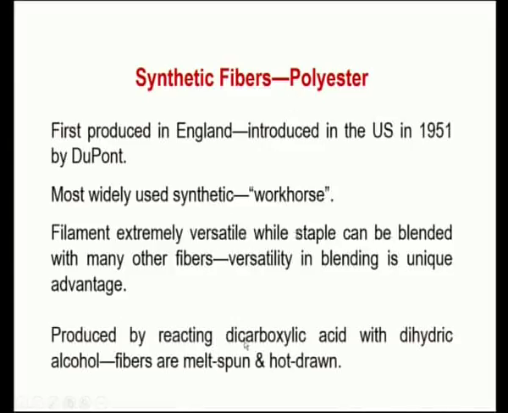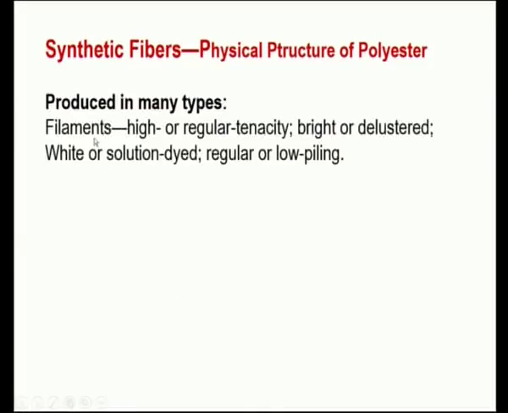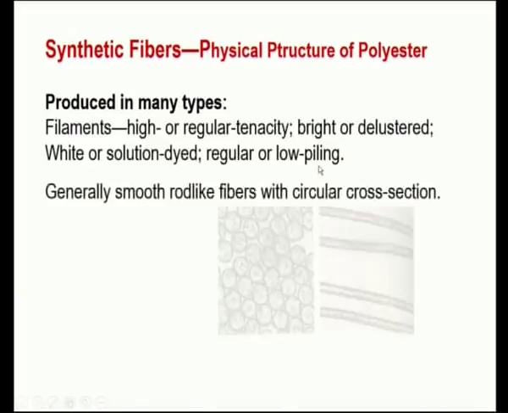Produced by reacting dicarboxylic acid with dihydric alcohols, the fibers are melt spun and hot drawn. So, polyester is nothing but acid and alcohol producing ester, which in polymeric form will give polyester. Produced in many types like filaments, high or regular tenacity, bright or delustered, white or solution dyed, regular or low pilling.